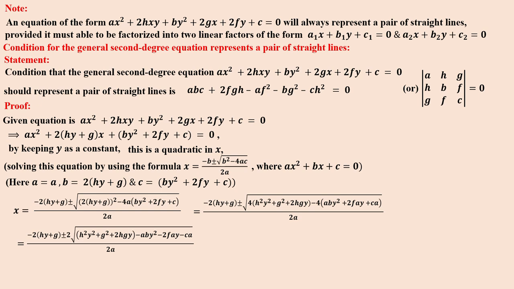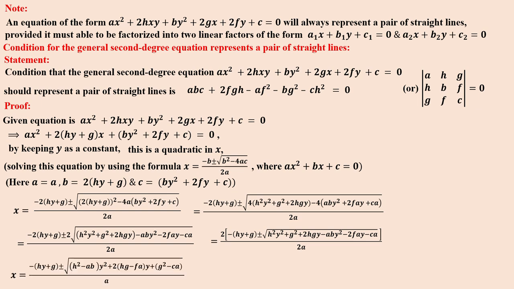So 2 into the root of (h²y² + g² + 2hgy - aby² - 2fay - ca), divided by 2a. Taking 2 as a common term outside, the numerator 2 and denominator 2 get cancelled.